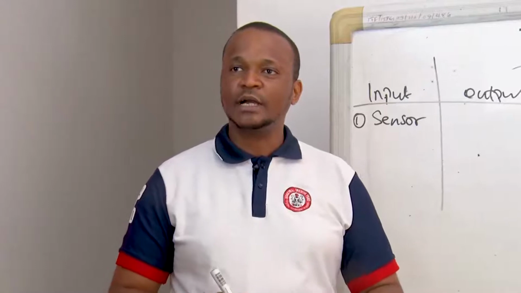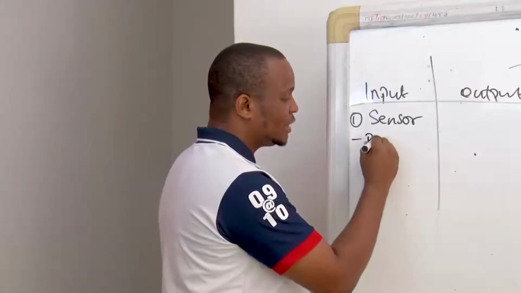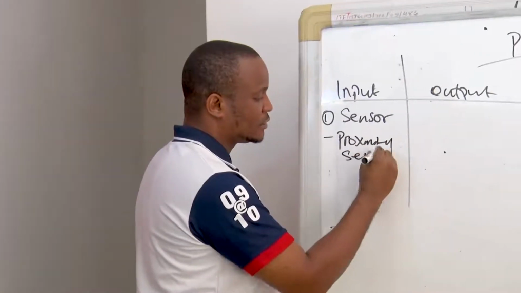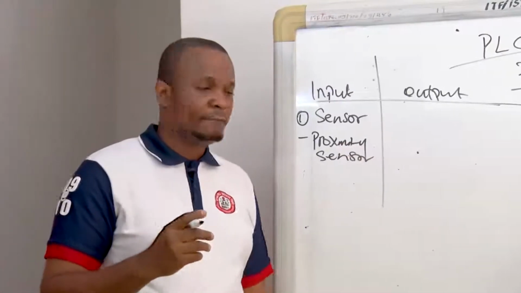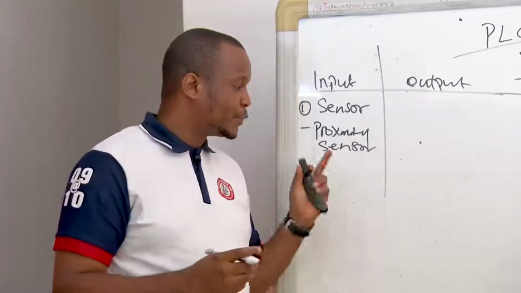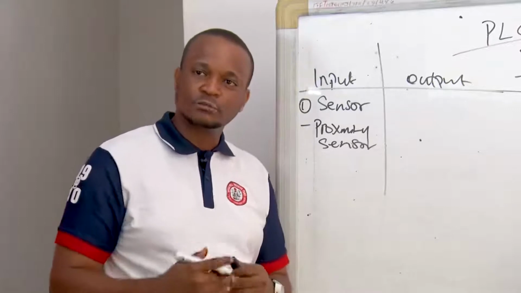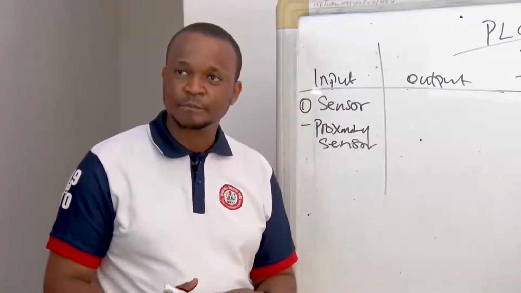Sensors are categorized in a lot of ways. It could be a proximity sensor. And these names are basically given by the job that they perform. So when you talk about a proximity sensor, it has to do with what? Proxy, something that is near. So you can sense something that is near. Okay?